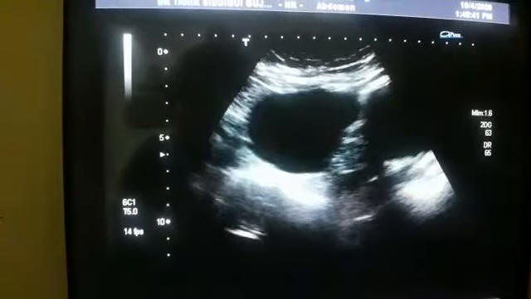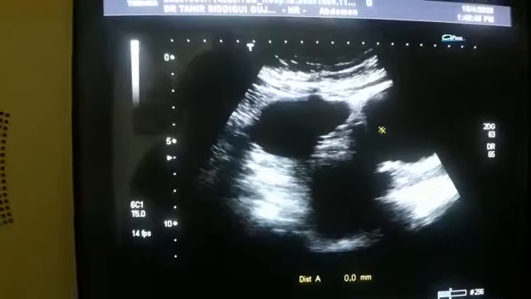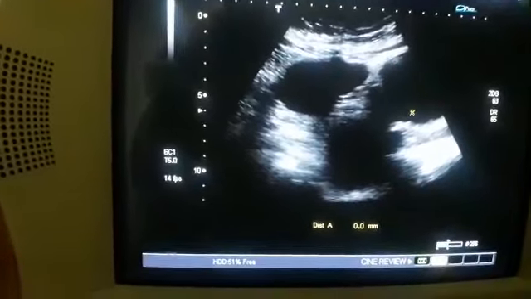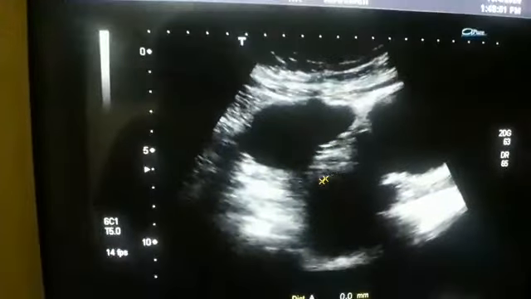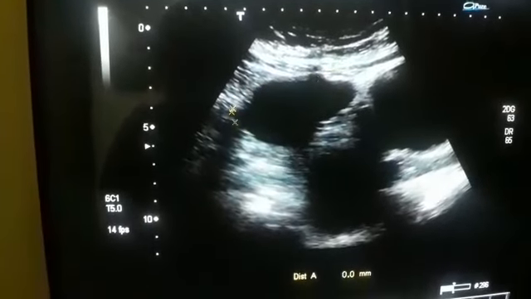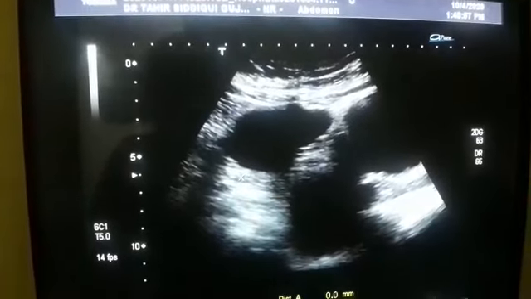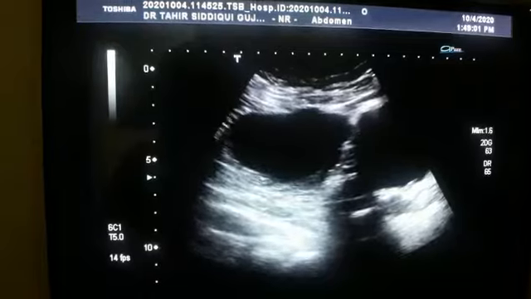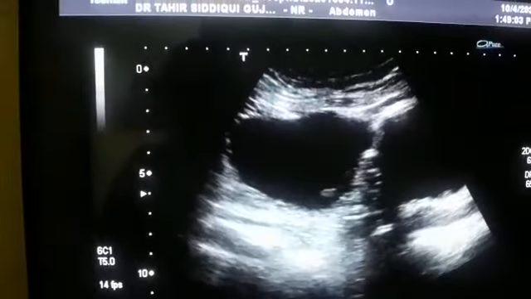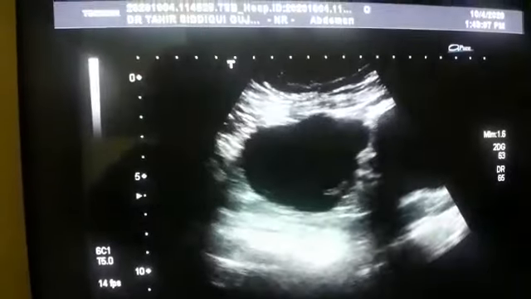Now on the right side, there are three cystic areas seen. This is the cystic area number 1, urinary bladder. This is the cystic area number 2, diverticulum, and this is the cystic area, thin walled, internally clear, but with few septae. You see, it does contain few septae.